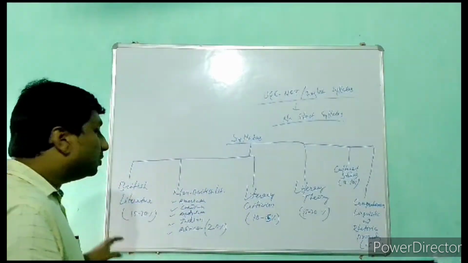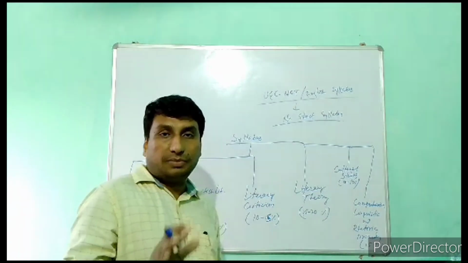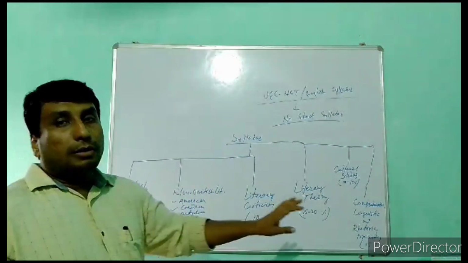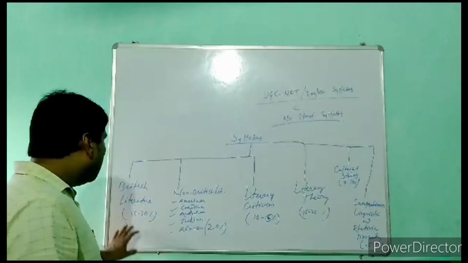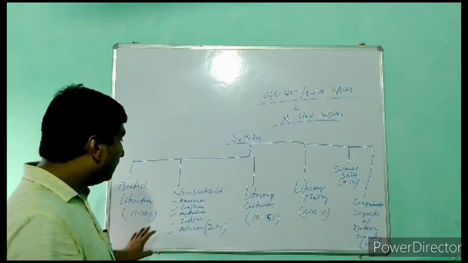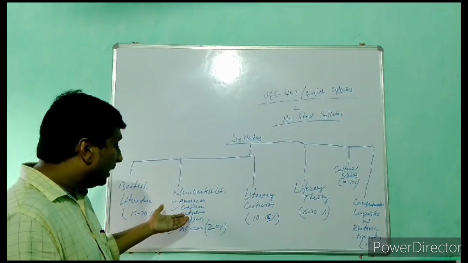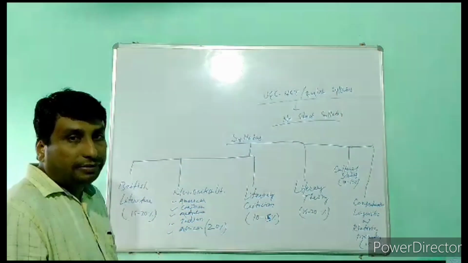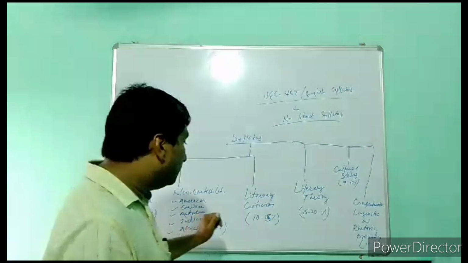If you analyze the previous year papers of the last 5 years, you will find this split more or less. So British literature 15 to 20%, non-British literature, which means American, Canadian, Australian, Indian and African literature, will constitute nearly 20% of your entire question paper.